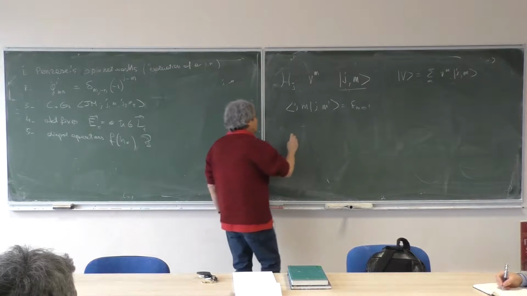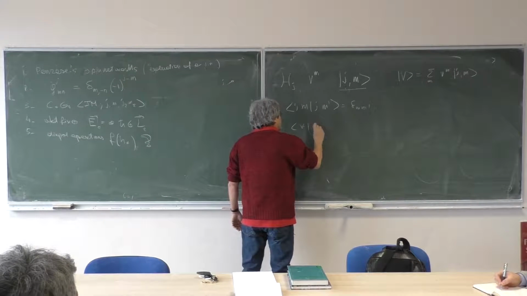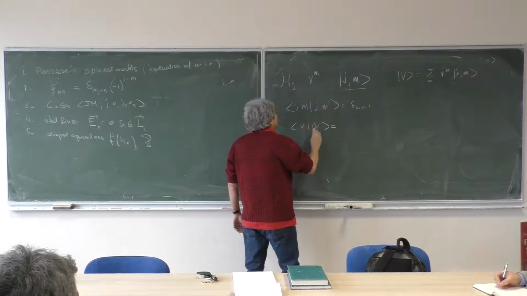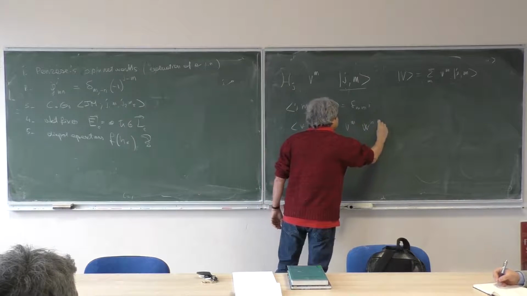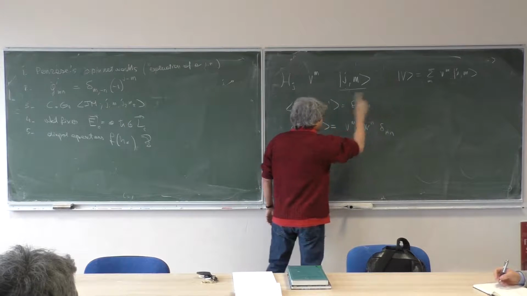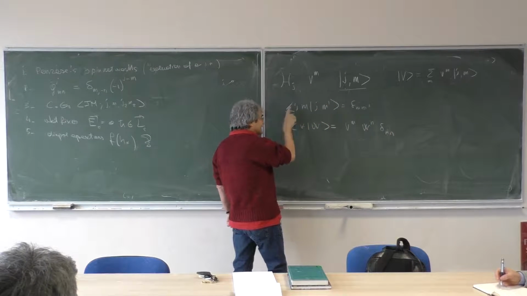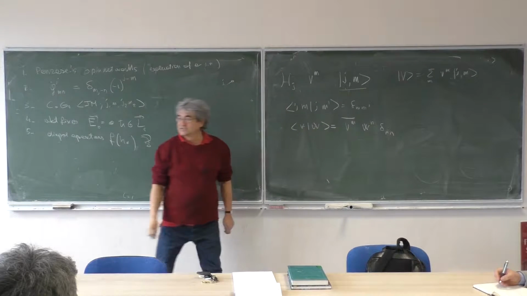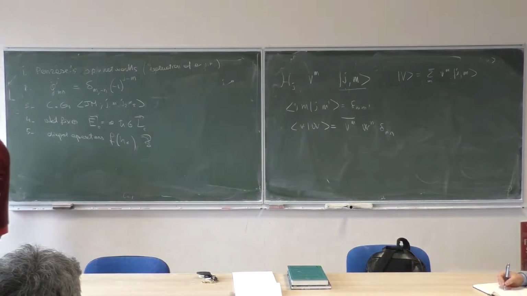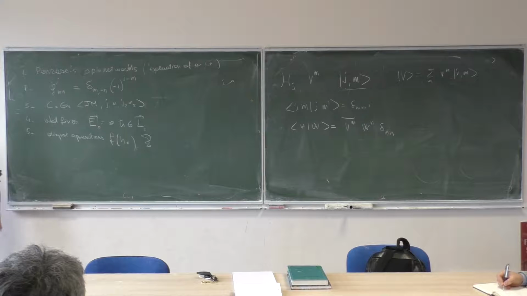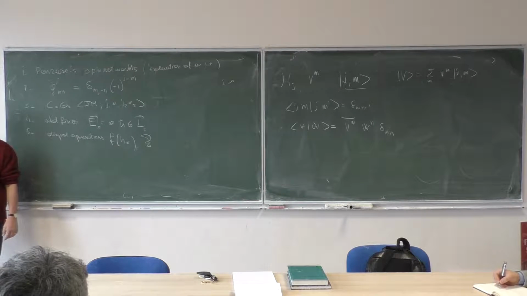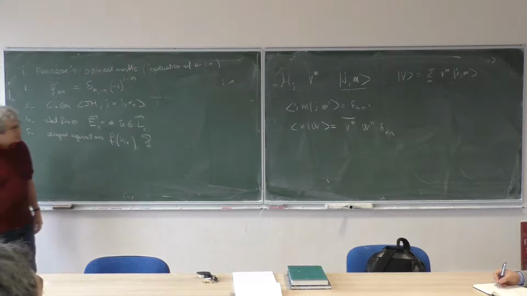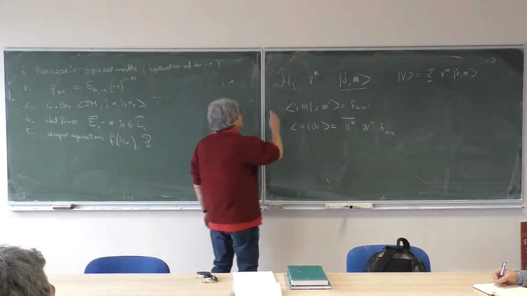And if you have V and W, this is V^m W^n delta_mn, but just using that. But remember, the scalar product is antilinear, so a bar, which is relevant if you do three-dimensional real vectors, but if you do complex things, you have to remember the bar.